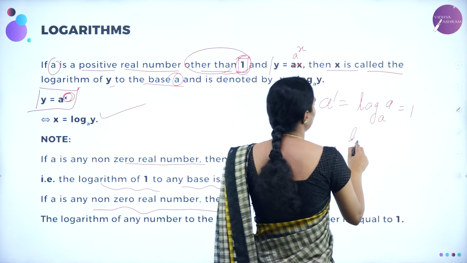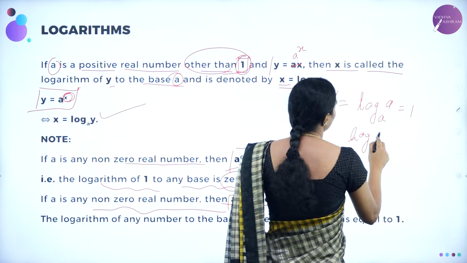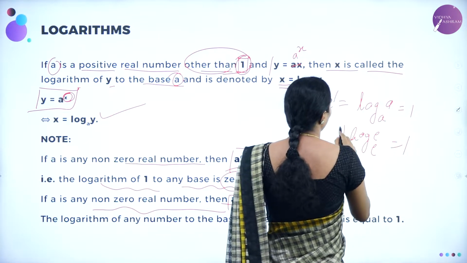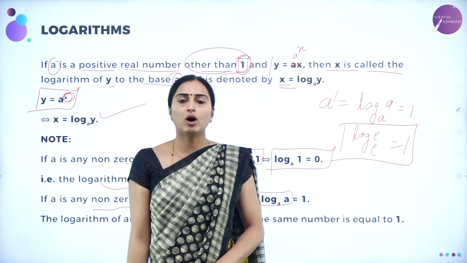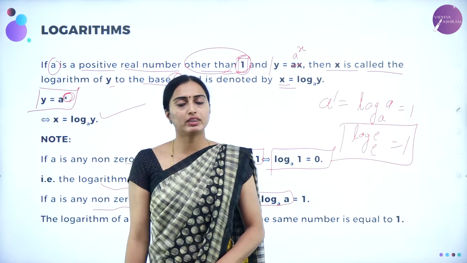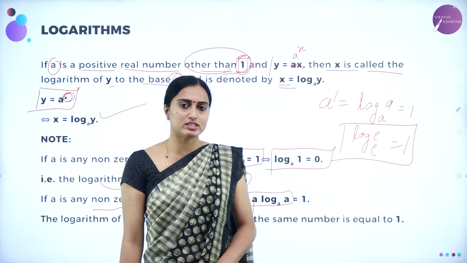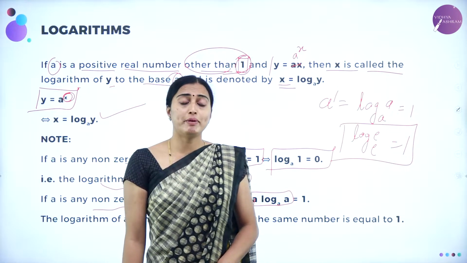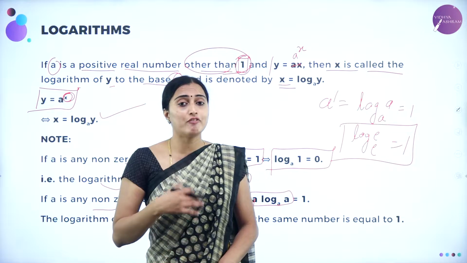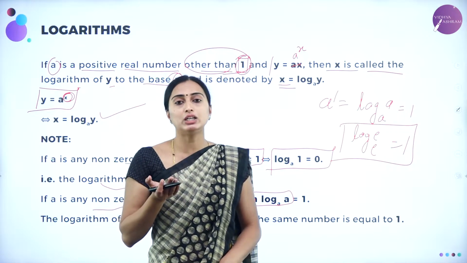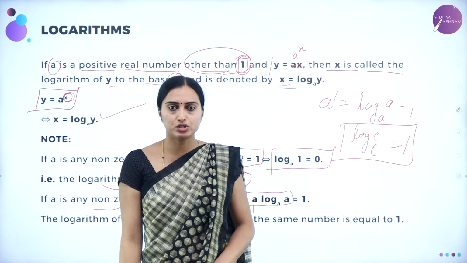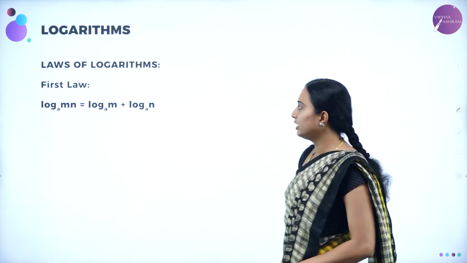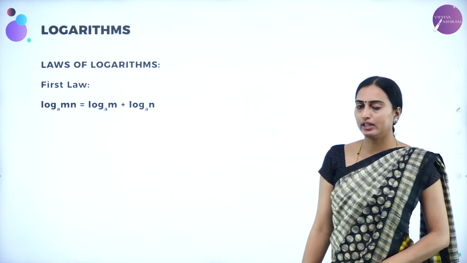Similarly, log e to base e is also 1. Understood? Log a to base a is nothing but 1. That means, dear students, you need to understand that log of a value to the same base is going to be 1. Understood? Yes, we'll move on to the next one, laws of logarithms.